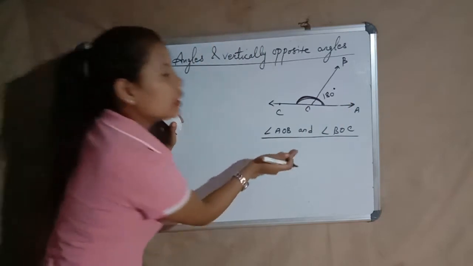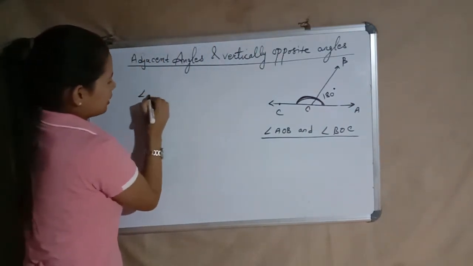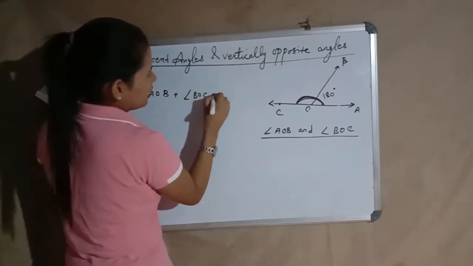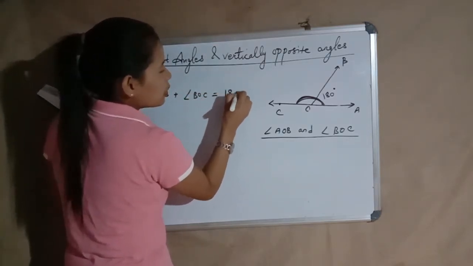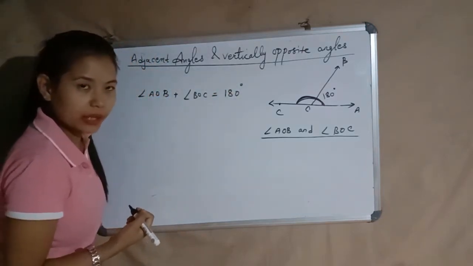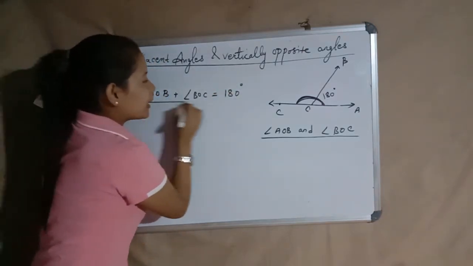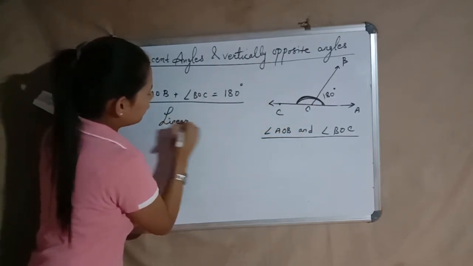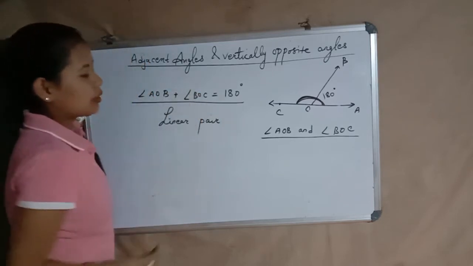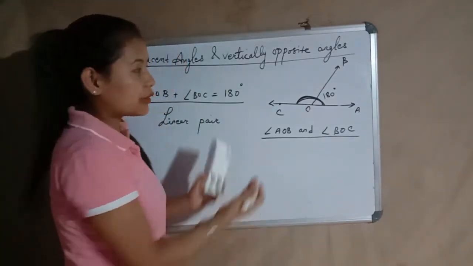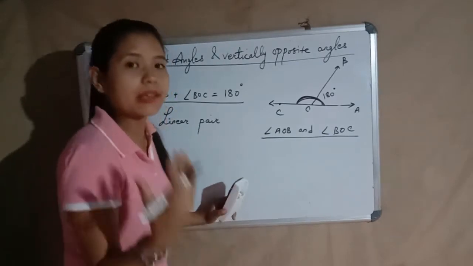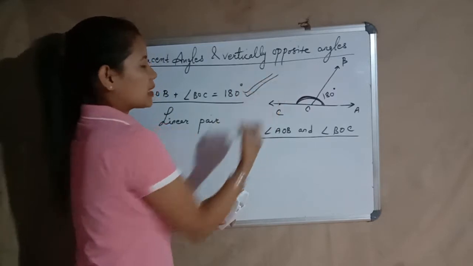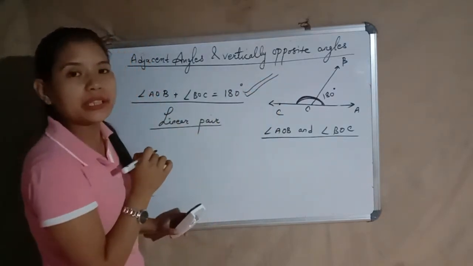Here what do you see? These two angles, angle AOB and angle BOC, their sum is equal to 180 degrees. So we say that these two angles form a linear pair. When adjacent angles exist in such a way that their sum equals 180 degrees, we say that they form a linear pair.